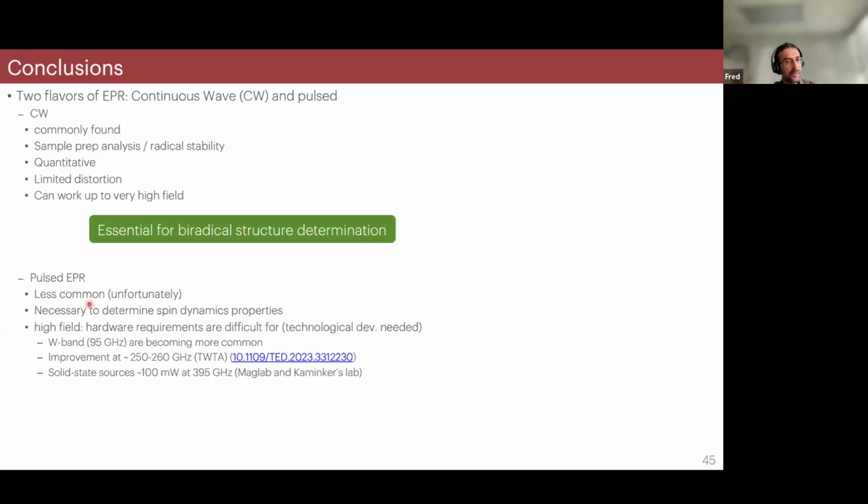So W-band, that's 95 gigahertz, 3.3 Tesla, roughly speaking, are becoming a little more common, but you won't find them everywhere. There are improvements at higher frequency, 250 to 260 gigahertz, with TWT amplifiers. And I'm giving a reference for those who are curious about the capabilities.